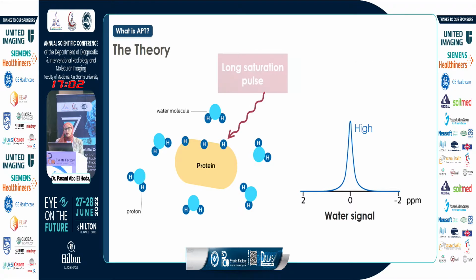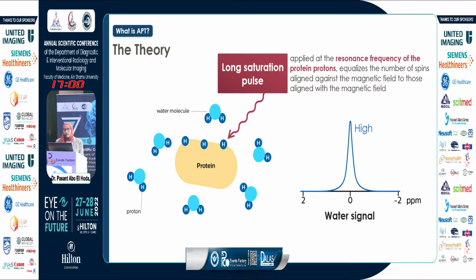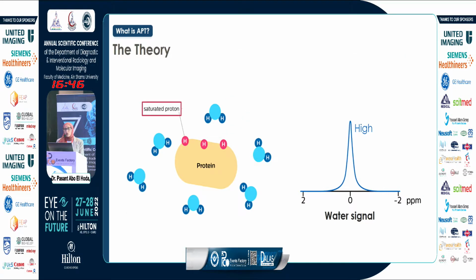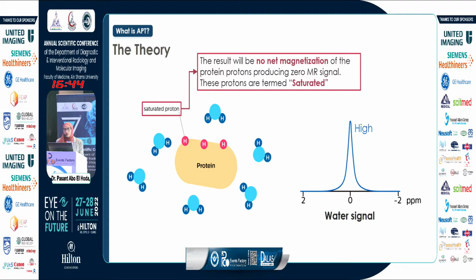On applying a long saturation pulse with the same resonance as the protein, this will lead to alignment of the small hydrogen protons on the protein atoms with the same alignment of the magnetic field, while the water molecule will remain unchanged, leading to its high signal.